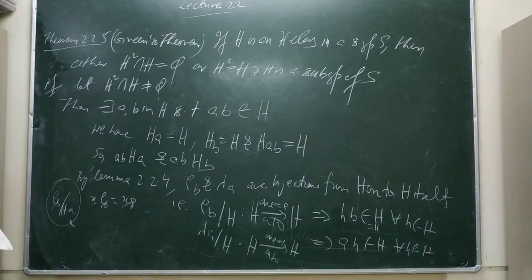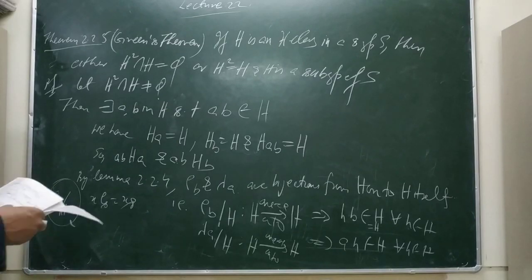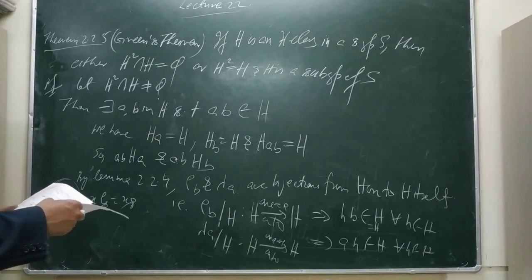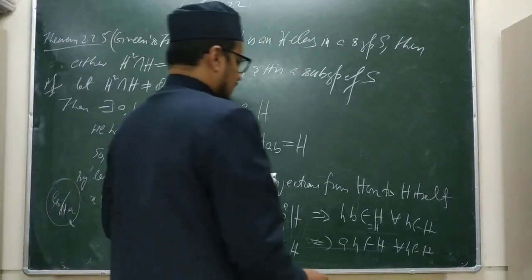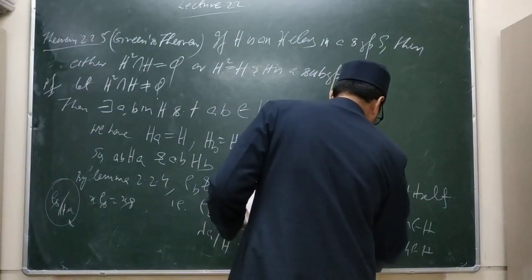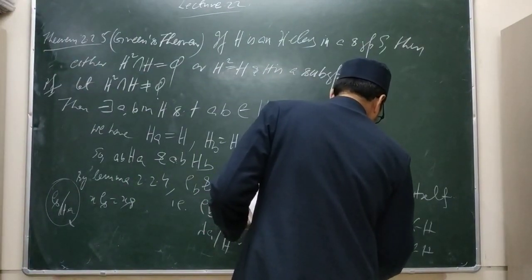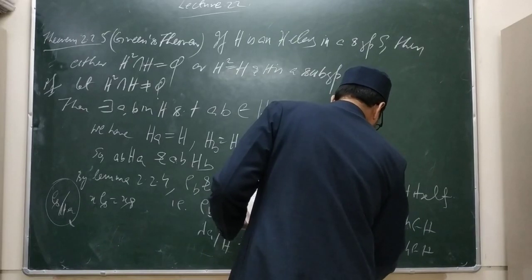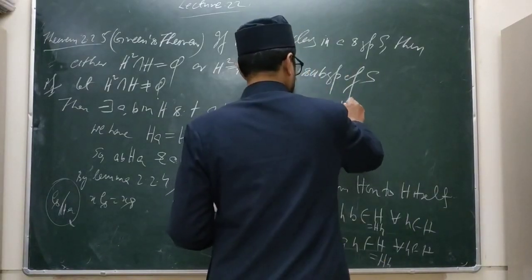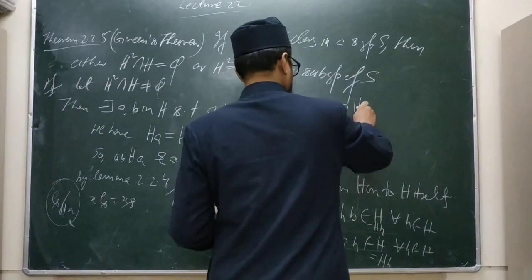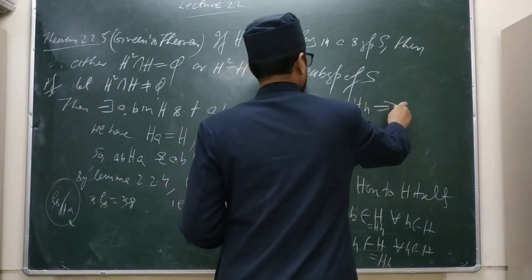So x, y, H, x here, x, y, H, x and x, y, H, y when we have, then we can apply lemma 2.2.4, and H is also equal to here Hb. Okay, so it is equal to what? H, we can write like this, isn't it? And we can write like this here, H. So Hb, H, what does it imply?